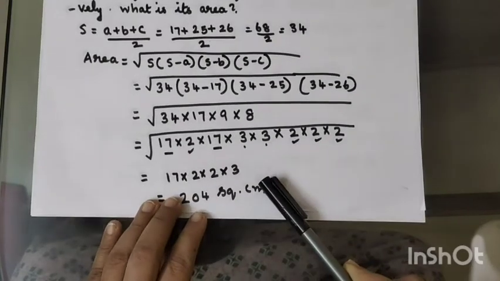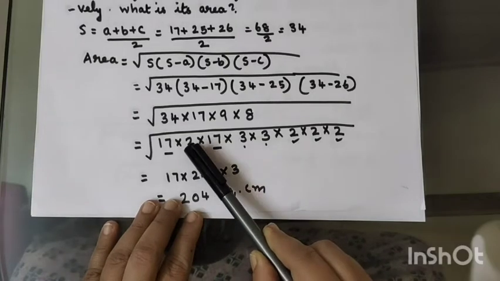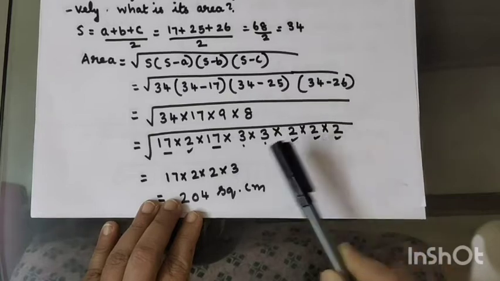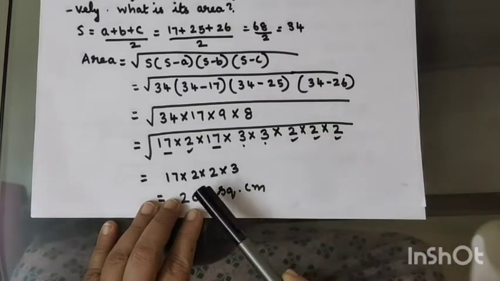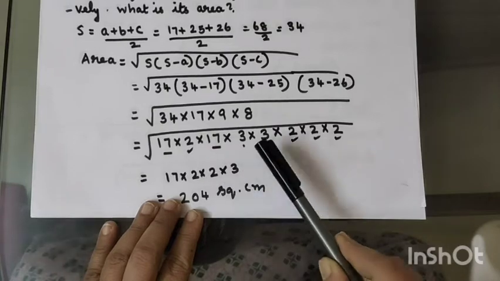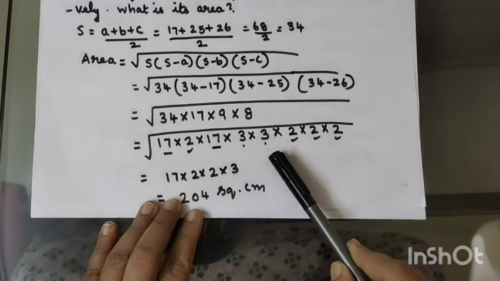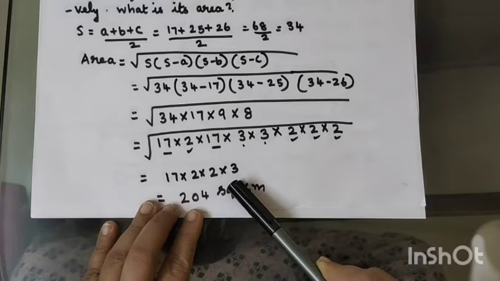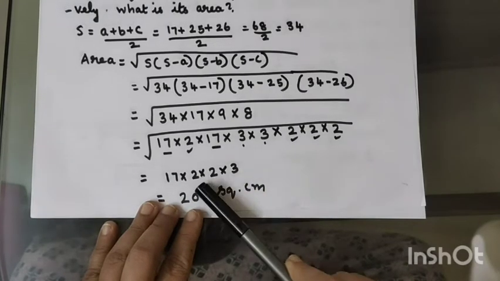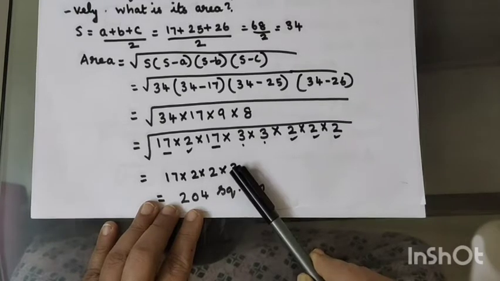Then 2: 2, 3, 4, 4 times 2's are there, so you will write 2 two times. And the next you can see 3 two times, so we will take one 3. So you will get 17 multiplied by 2 into 2 into 3.